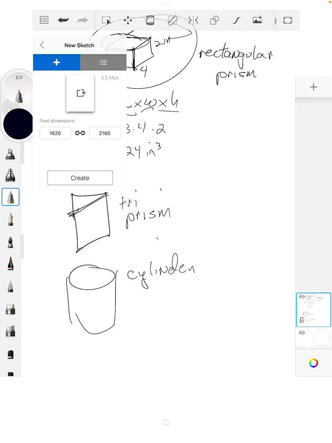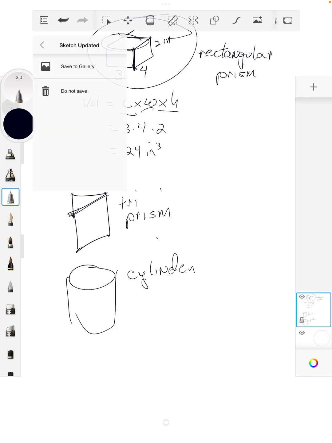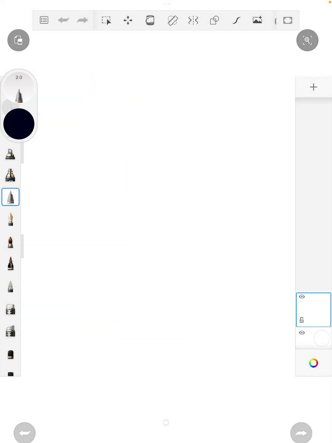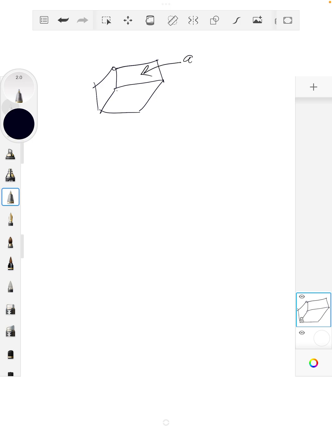Okay, so here's the deal. How do you find the volume? If you know what the top is, and you know how tall it is, what you do is you find the area of the top times the height.